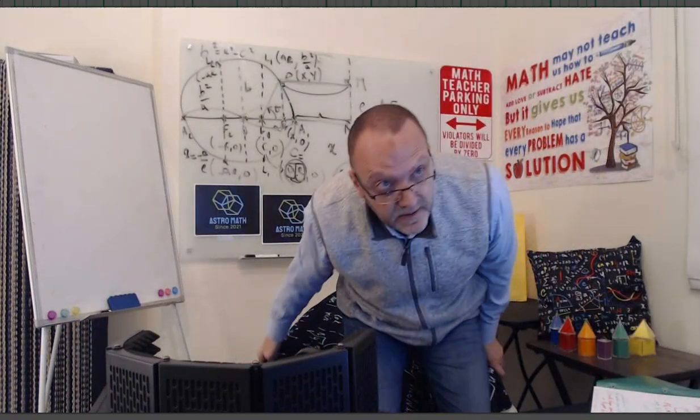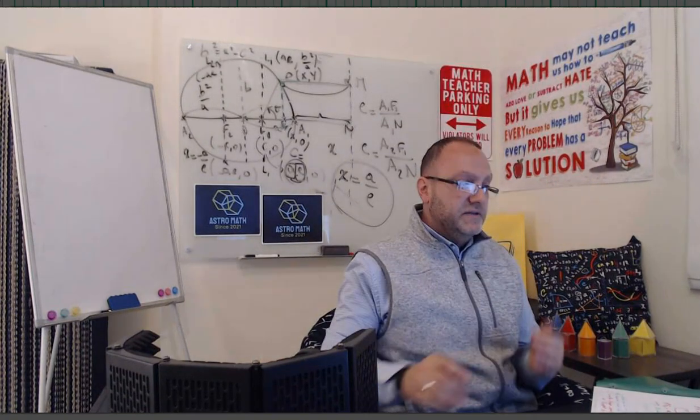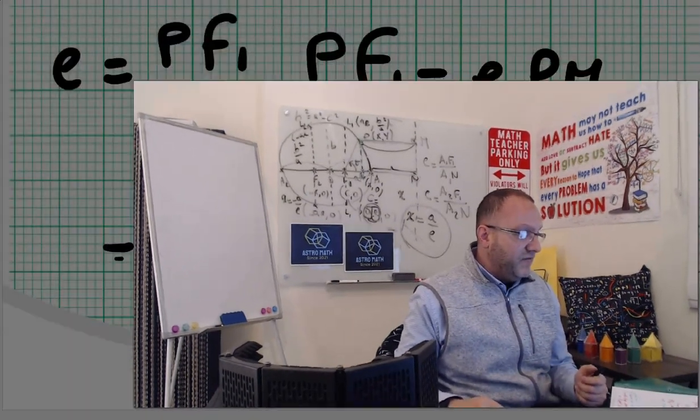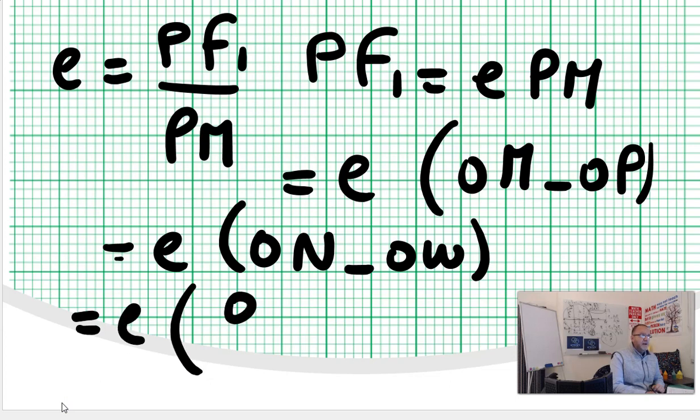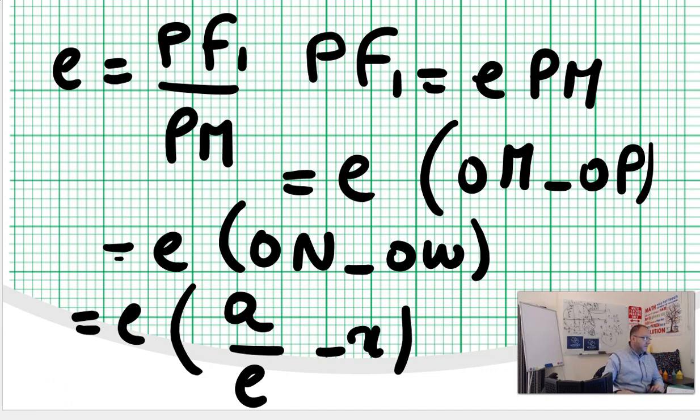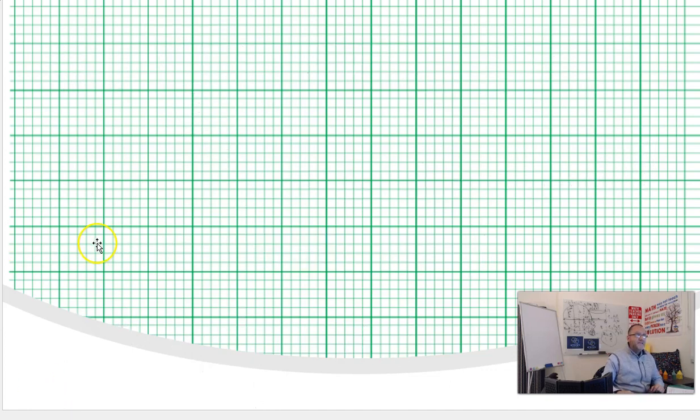Okay, James? I'm using what I know to derive more formulas. So now I can very easily say this is my directrix, so this is A divided by E minus x. As simple as that. So where does that lead me?